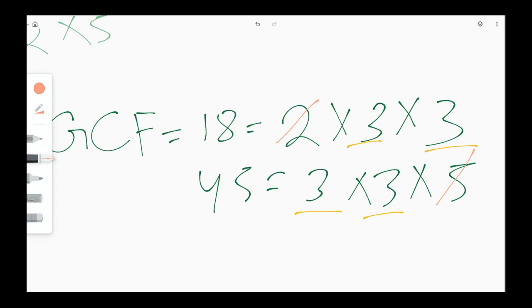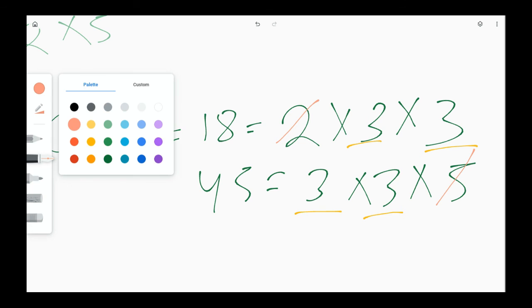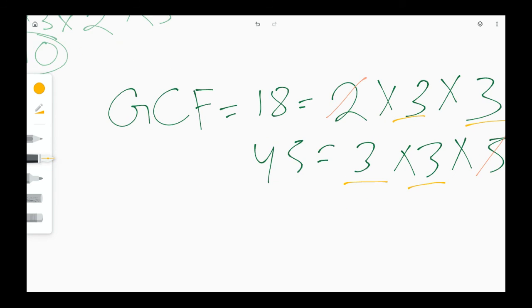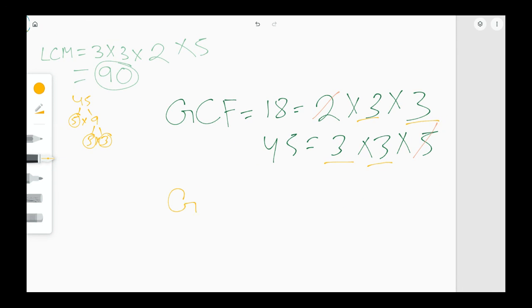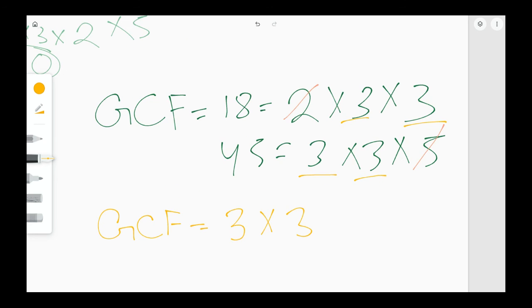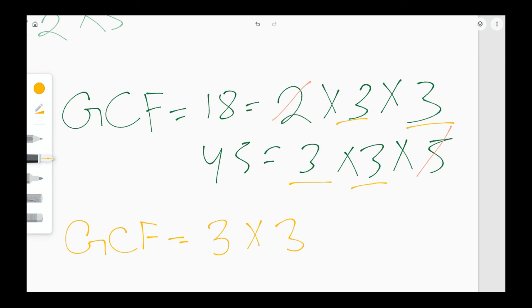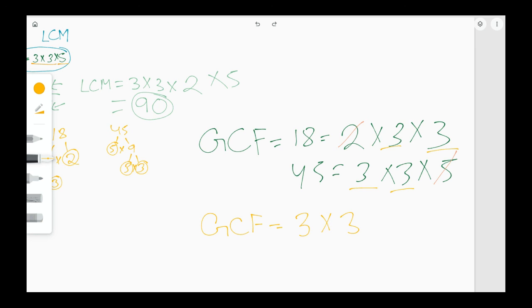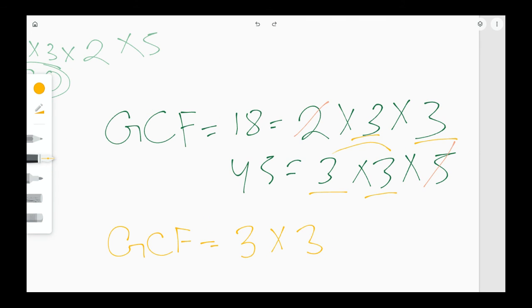So now I'm going to look at my underlined numbers. I'm going to write this. GCF equals 3 times 3. I'm not going to write 3 four times, since I'm comparing and there's a comparison in both.